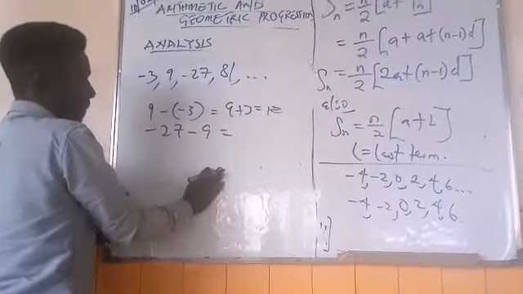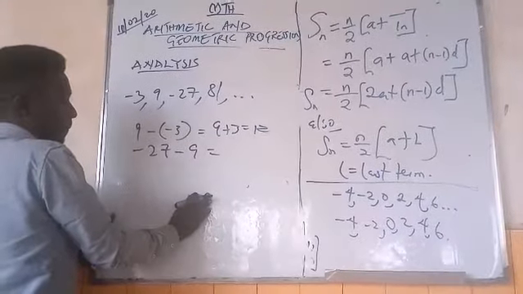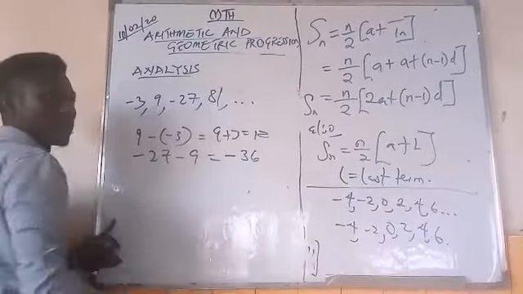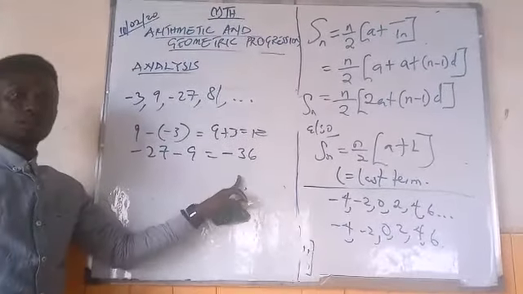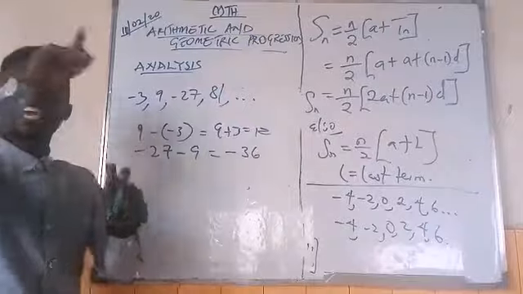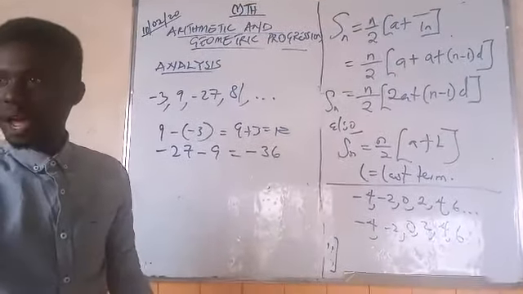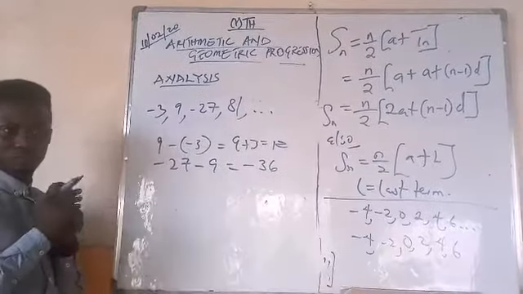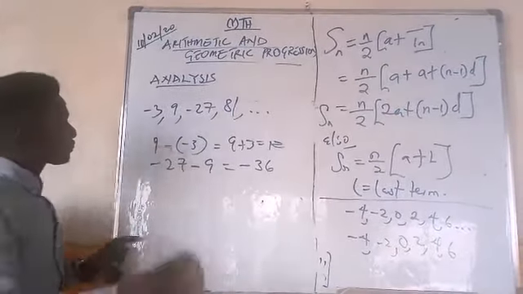What's that? Minus 36. Is this difference common? Just know that this is not an AP. Why? Because you don't have a common difference. The difference is not common. Then you move away.